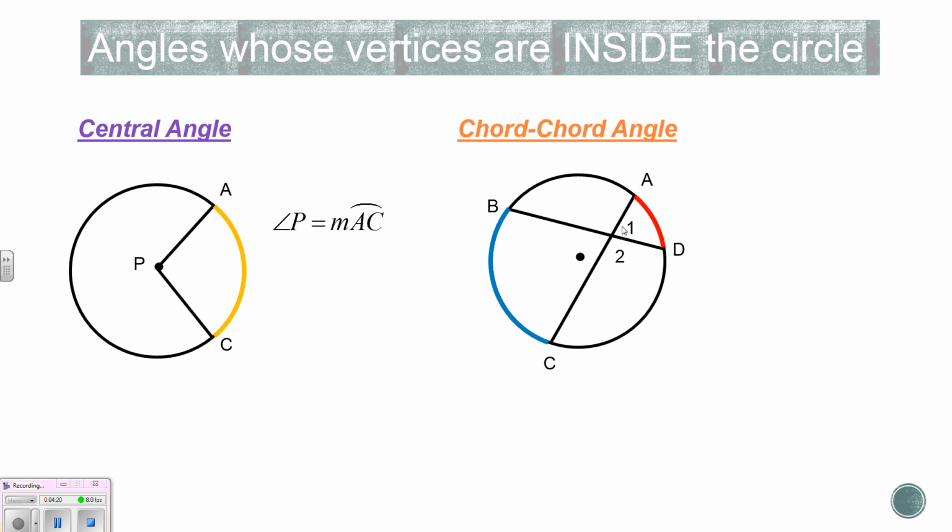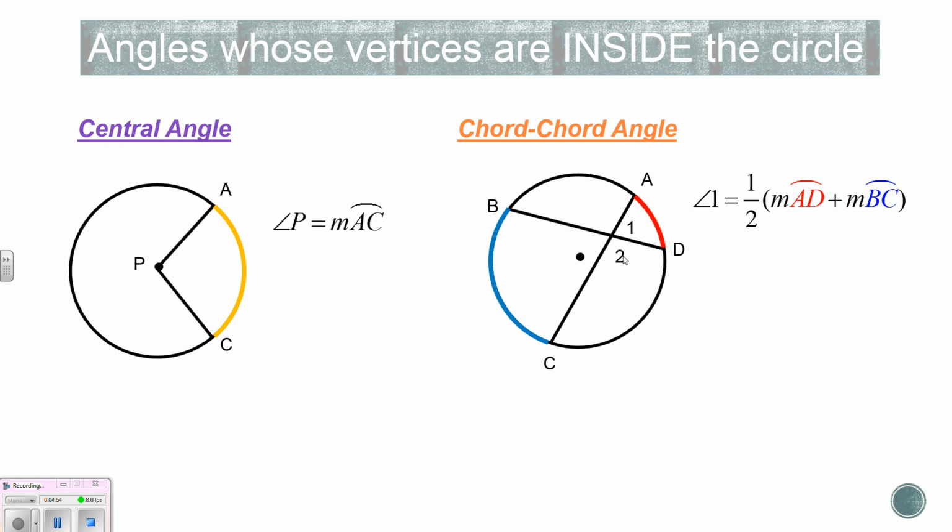And if you look at angle 1 and this other angle, I didn't number it, those are two vertical angles, they're congruent to each other, but they each have arcs that are associated with those two angles. So when you go to figure out what the measure of one of these vertical angles is, you actually are taking the average of the red and the blue arc. So you add those two arcs together, and then divide it by 2.